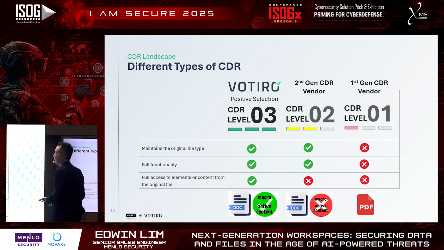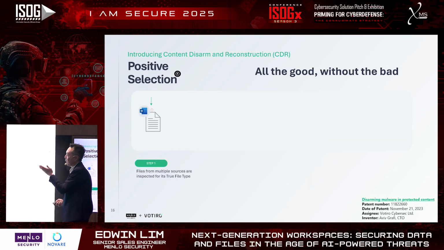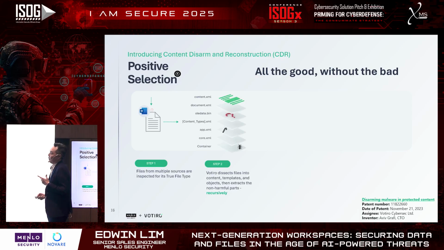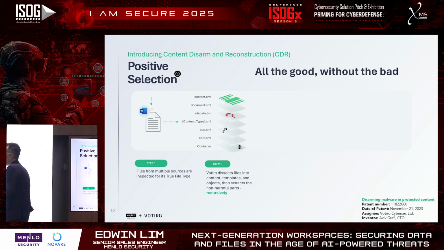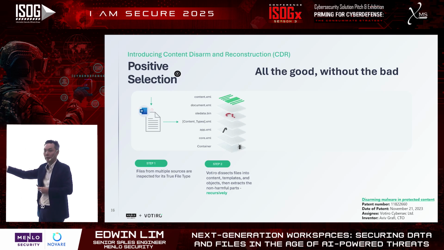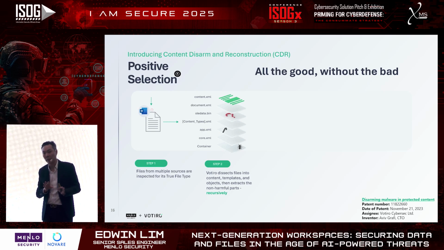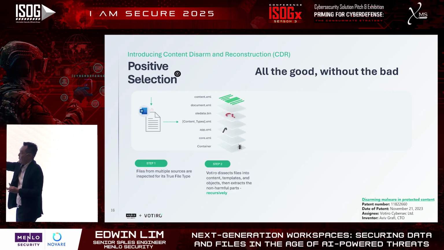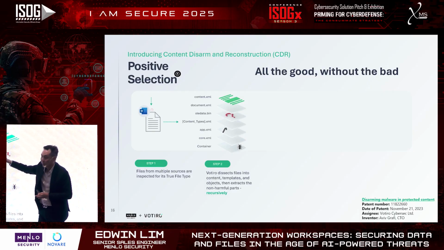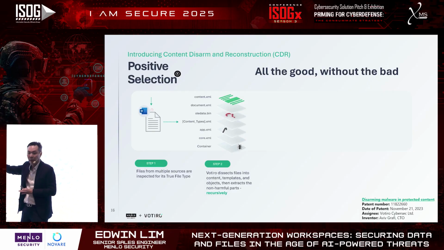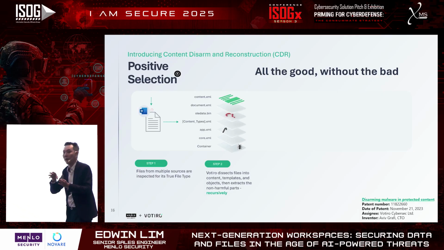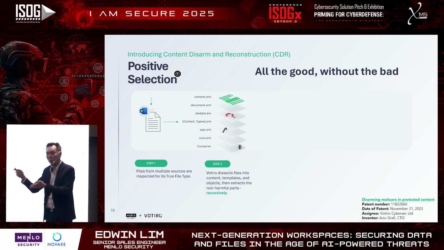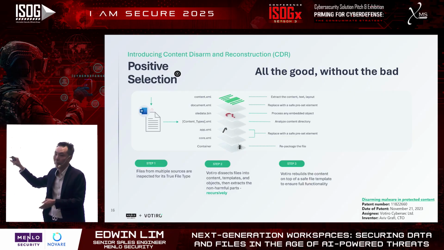And how do we do it? Look at this. This is our positive selection technology. A file comes in. Let's talk about a Word document. We can recognize more than 200 file types. It actually contains XML, bin, JPEG, etc., that together form a Word document. We know the template.